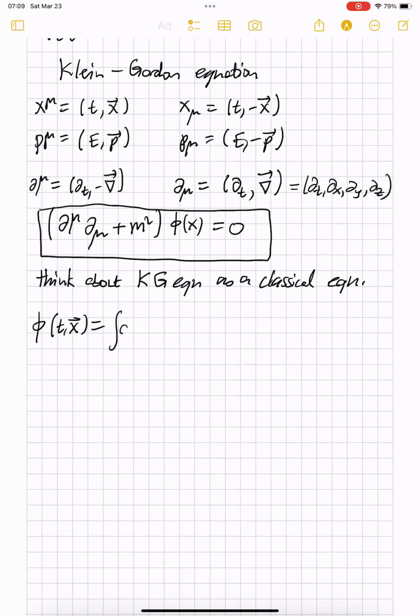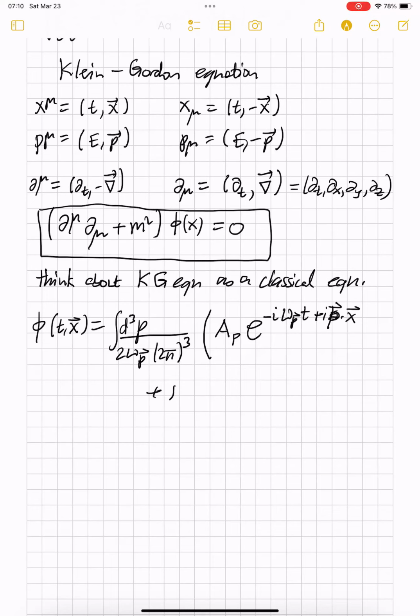We'd have an integral d3p over 2 omega p and 2 pi cubed, and then some classical amplitude a of p times e to the minus i omega p t plus i p dot x, and then the complex conjugate of that amplitude, e to the i omega p t minus i p dot x. So this would be the classical solution.